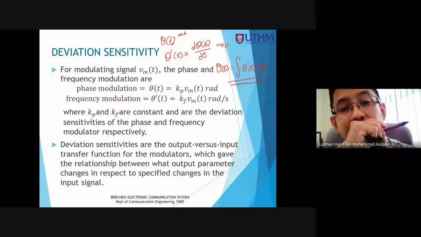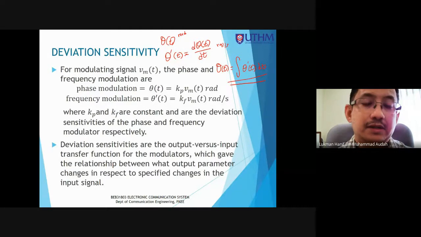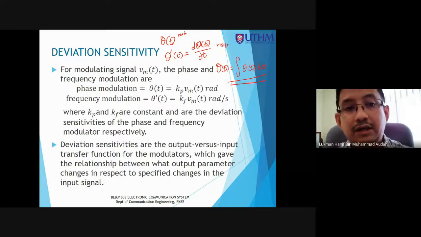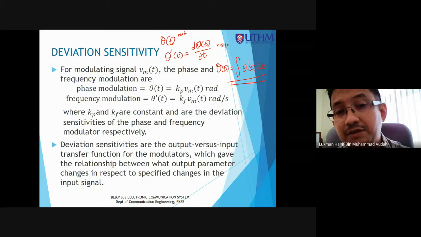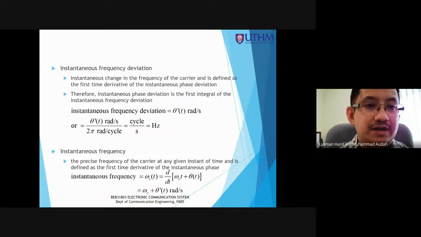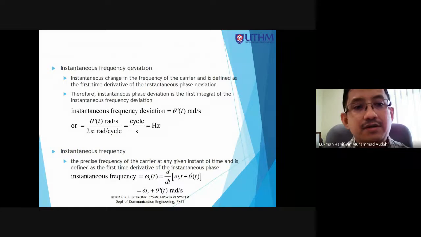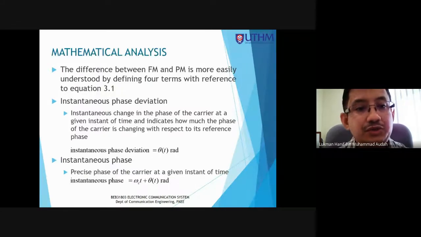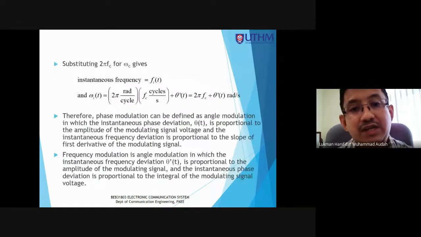What are theta t and theta prime t? Theta t is the instantaneous phase deviation, whereas theta prime t is the instantaneous frequency deviation. So this is stated here.